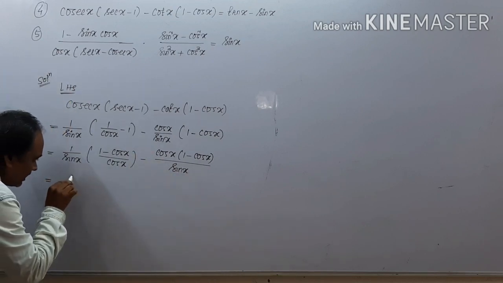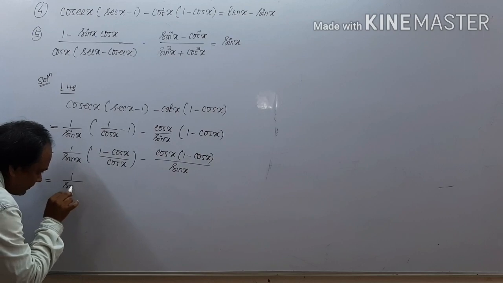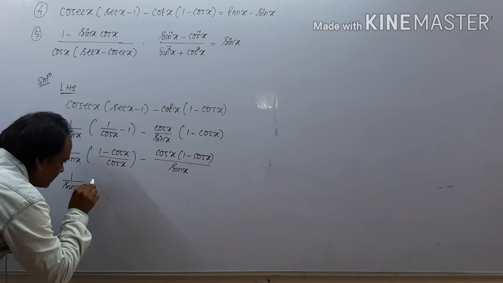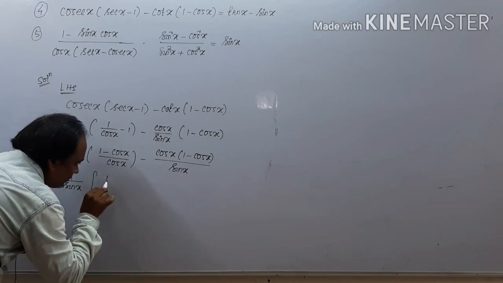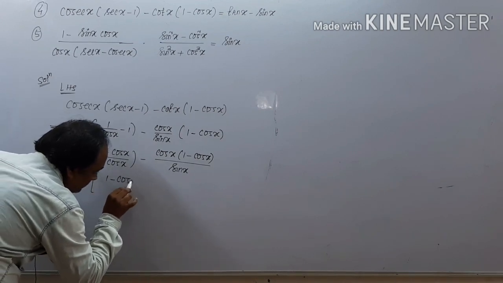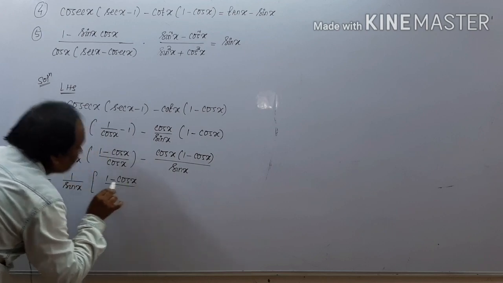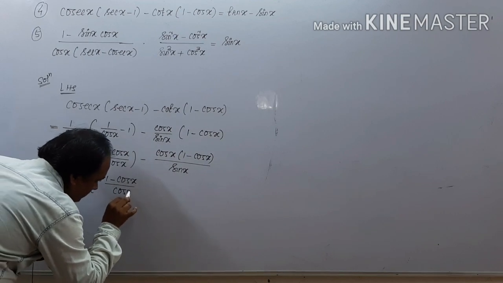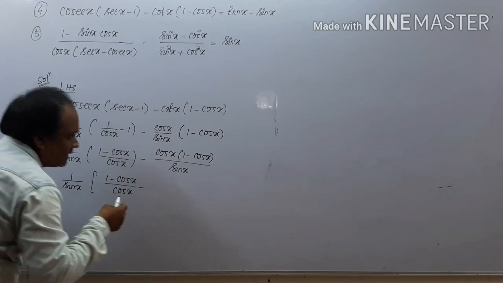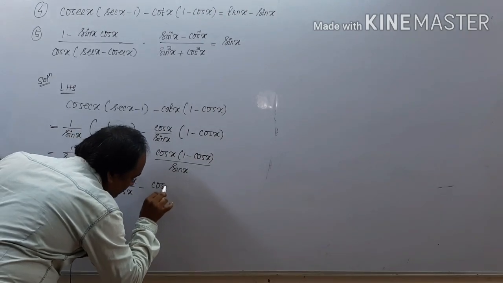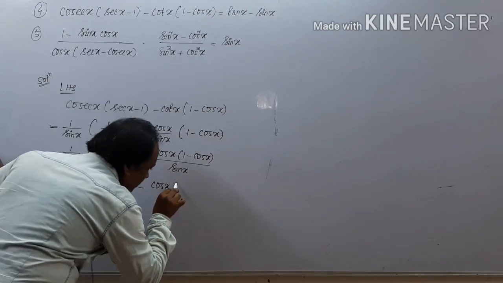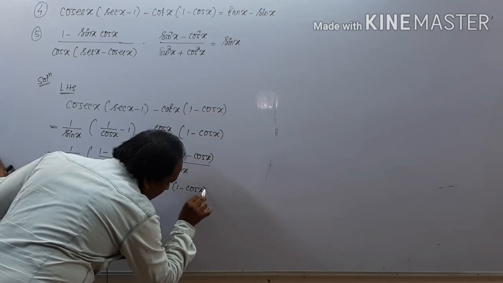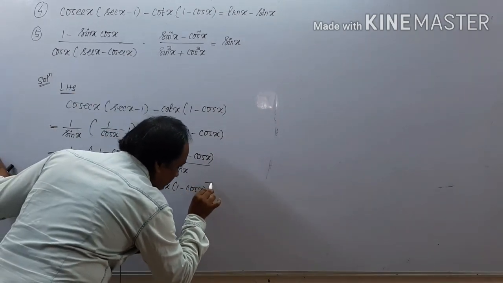So I will take 1 by sin x common, so that what happens here: this will become (1 minus cos x) by cos x minus cos x multiplied by (1 minus cos x).